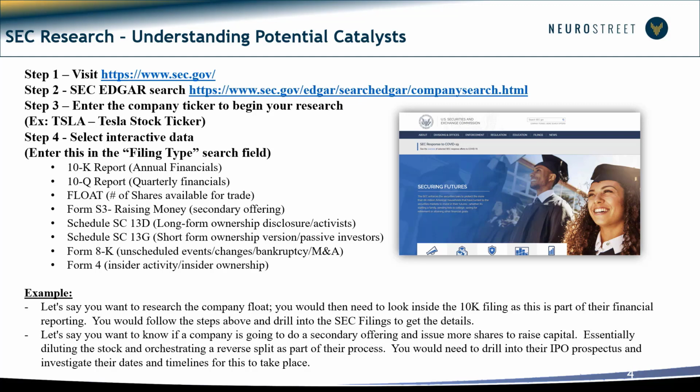Let's say you want to find out if a company is going to do a secondary offering and issue more shares to raise capital, right? A lot of times what happens is companies will issue a stock, they'll do an IPO, but in their IPO release, they'll say that after a certain period of time, they're going to do a secondary raise in the market, which basically dilutes the stock and does a reverse split, and then brings more pump and dump into the company.